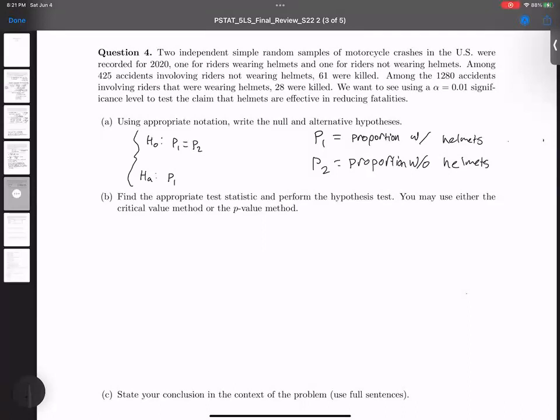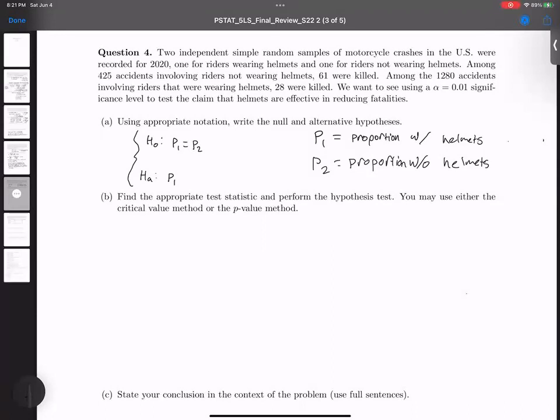Let's figure out what it's saying. So the claim is that helmets are effective in reducing fatalities. If helmets are effective in reducing fatalities, that means the proportion of deaths with helmets would be smaller because helmets are causing fewer deaths.